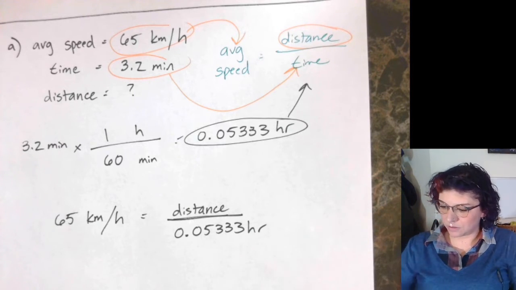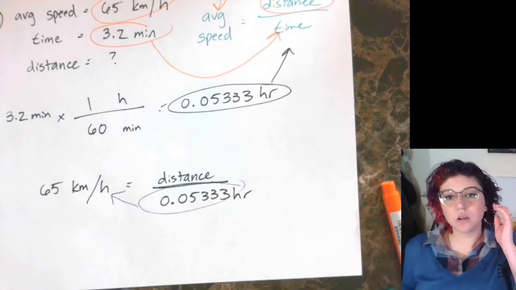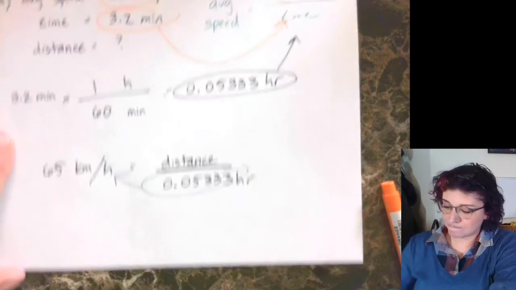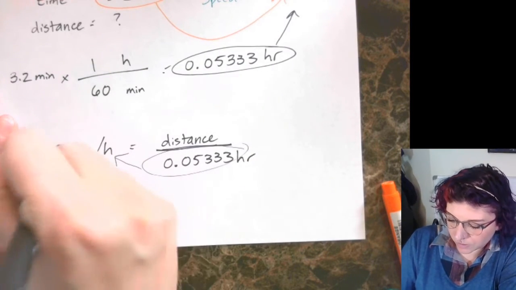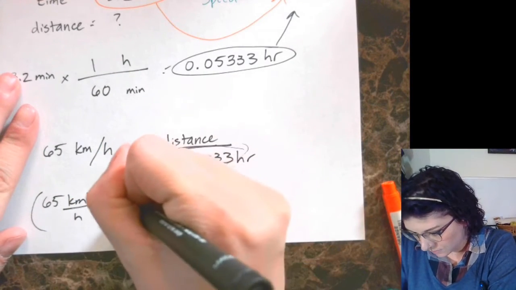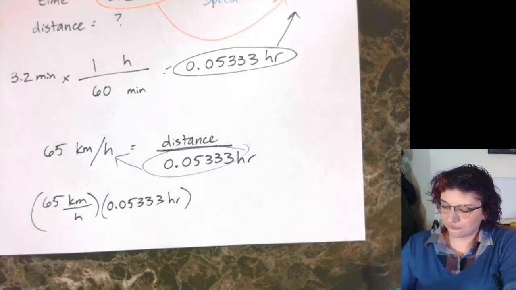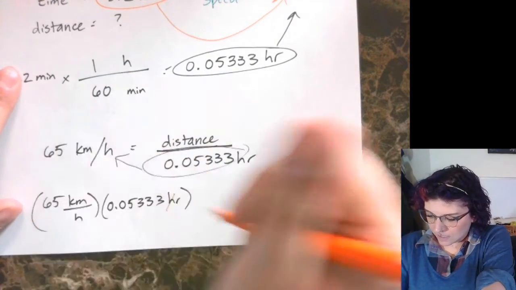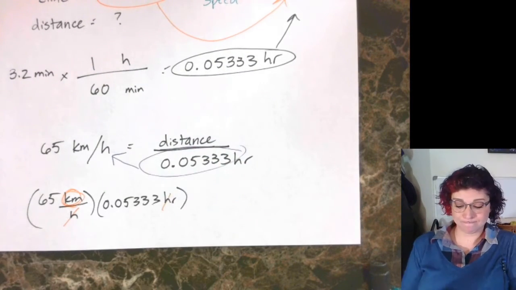I am going to move this over out of the denominator. So I have 65 kilometers per hour times 0.05333, repeating, hours. The hours cancel out, so I only am left with kilometers.